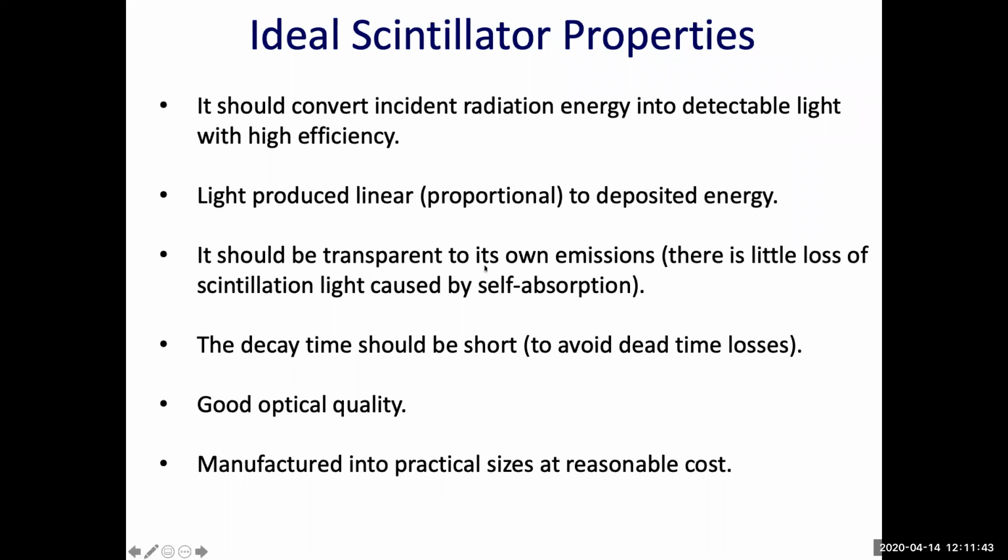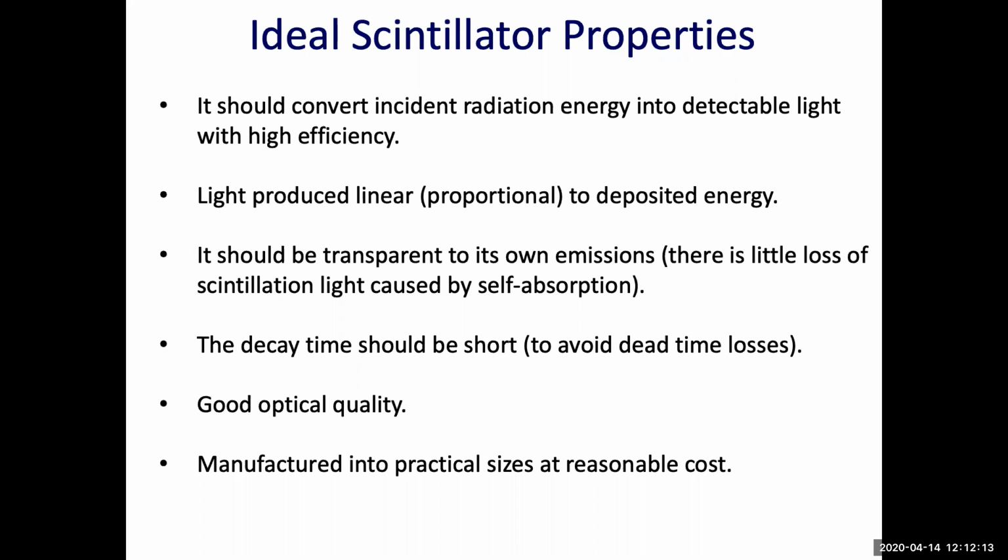It should be transparent to its own emission. The light photons produced in the crystal should go to the photomultiplier tube and be detected, not reabsorbed by the crystal itself. So this is called transparent to its own emissions. The decay time should be short to avoid time losses.